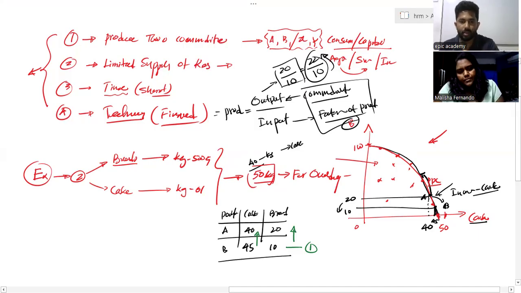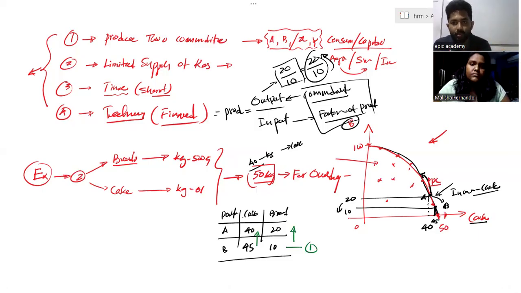Five cakes are sacrificed to produce 10 more breads. That's the opportunity cost, because this particular firm has no other opportunities. They have only 2 types of opportunities: produce cake or bread.